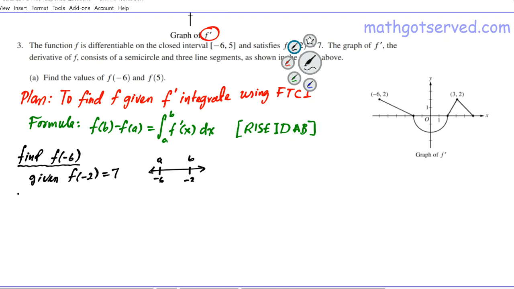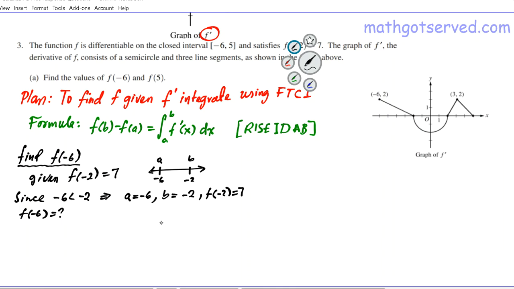Okay, so since -6 is less than -2, as you can see on my number line right here, it follows that A is going to be the smaller one, B is going to be the bigger one. Okay, and we also know that f of -2 is 7. So what we're looking for is f of -6. So f of -6 is a mystery here.